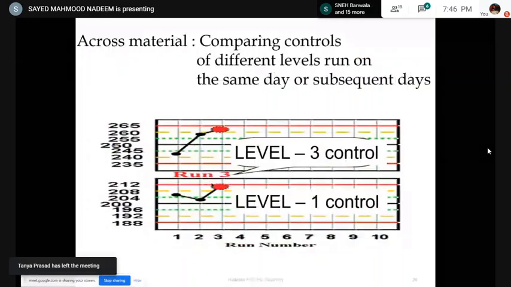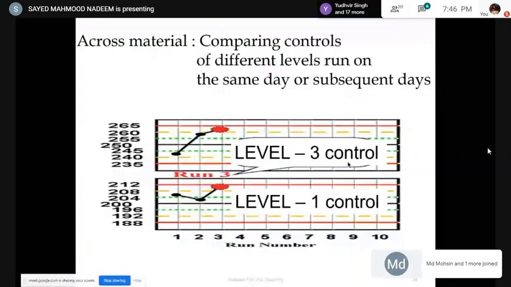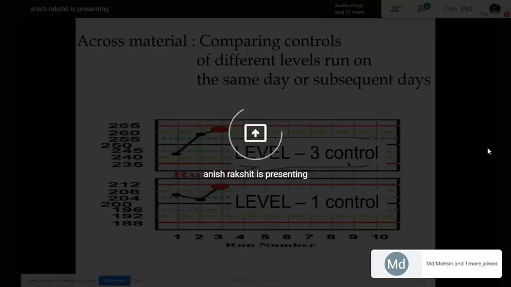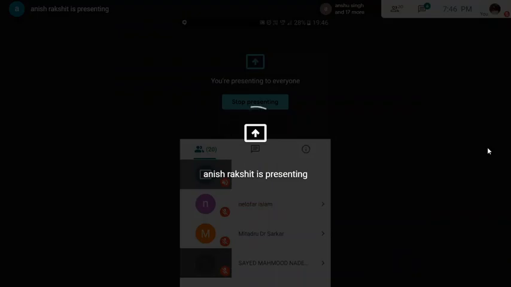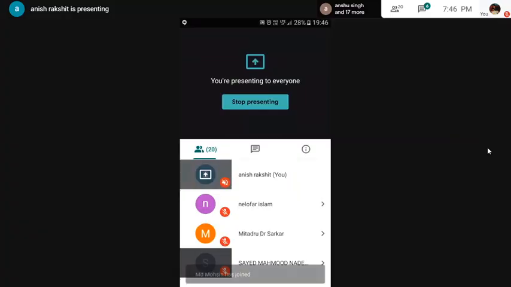Here you can see we are comparing level 3 with level 1 on a specific day. This comparison is called across material. When you analyze only one material, it is called within material comparison. But in practical terms, for all these four terminologies, you will see it is within material across run.